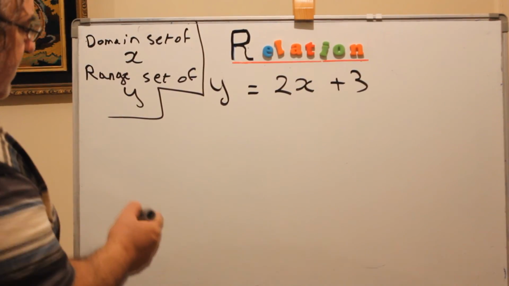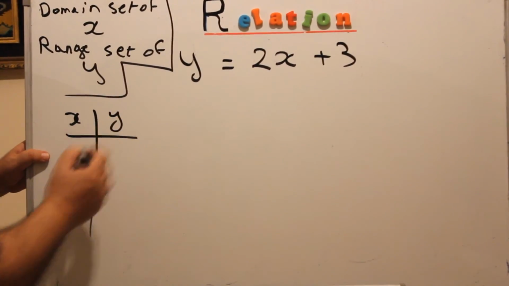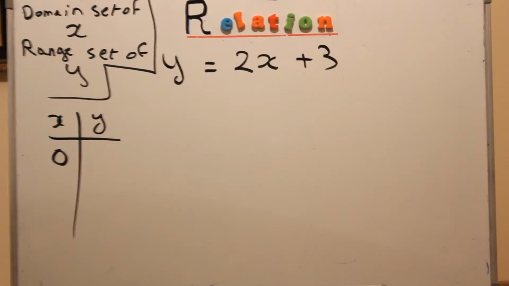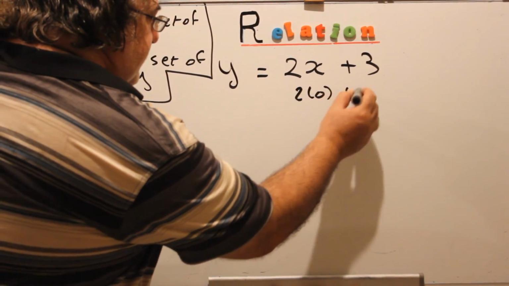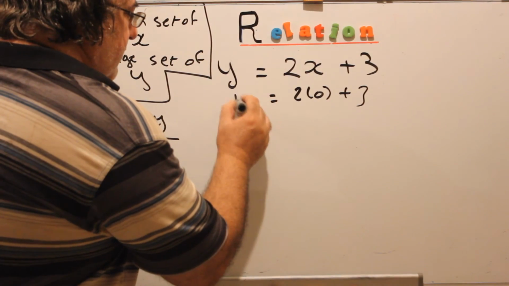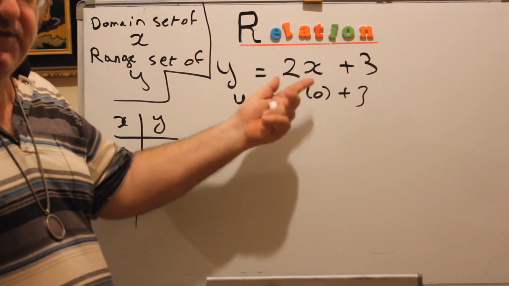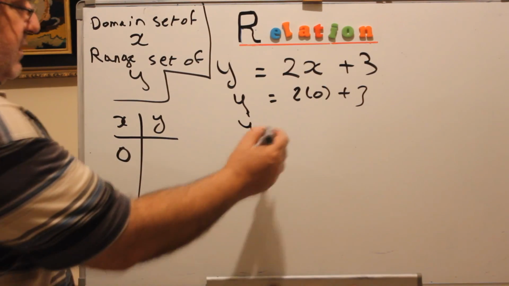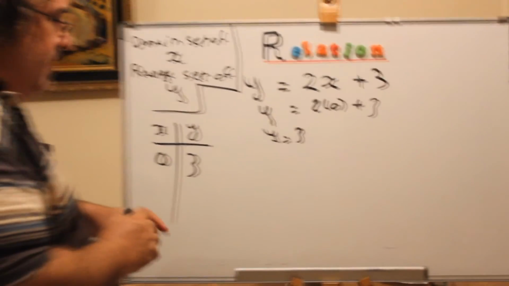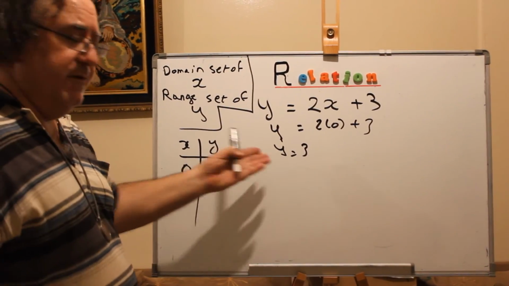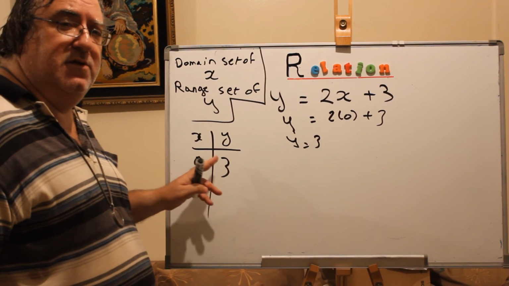For example, if x equals 0, what will it be? We put 2 times 0 plus 3, then y will be equal to, 2 times 0 is 0, plus 3, y will be equal to 3. So I have here one ordered pair. Do you think there's another number given to y? No. So one value is given to x, there is one value for y.